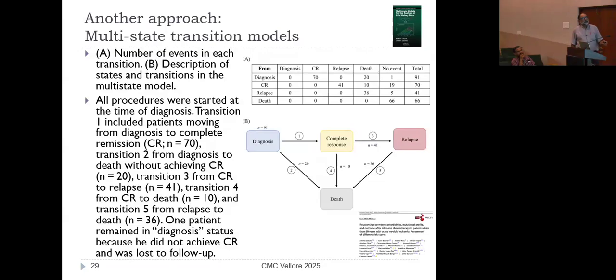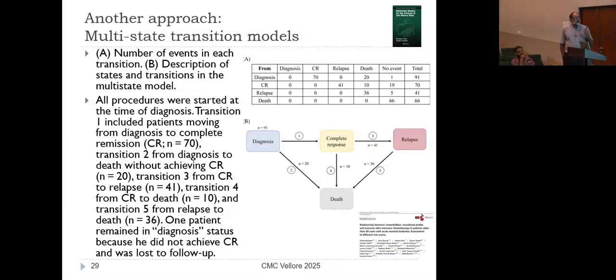For people at diagnosis, how many get complete response, how many relapse, how many go directly to death or don't have an event, etc., from different groups. And you have the description of the states and transitions in a multi-state model.